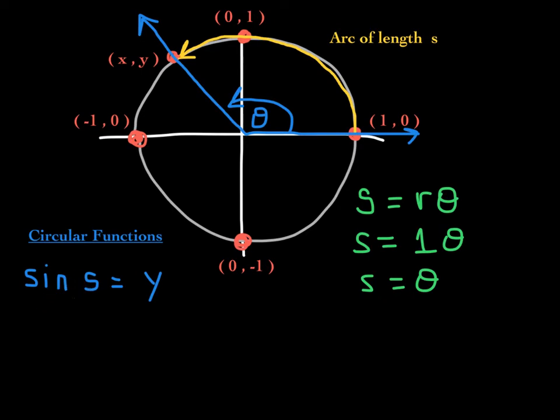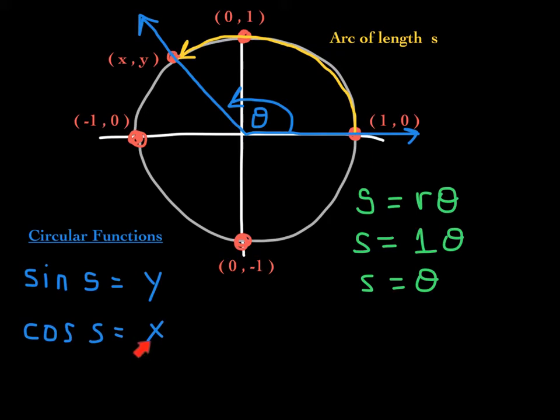Now, we defined in earlier studies sine of theta to be y over r. But notice that r, the radius of the circle, is just 1. So y over r becomes y over 1, which is just y. So sine of s is equal to y. Cosine of s is x over r.